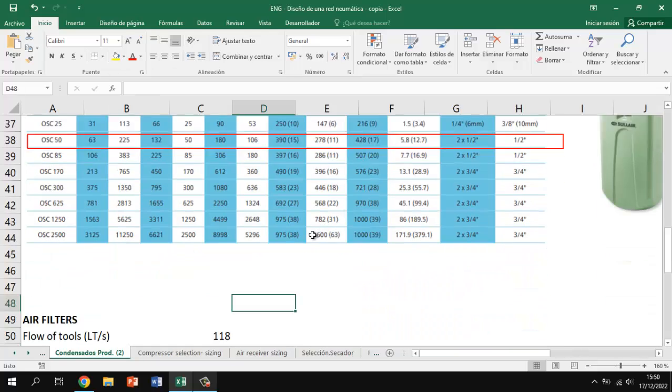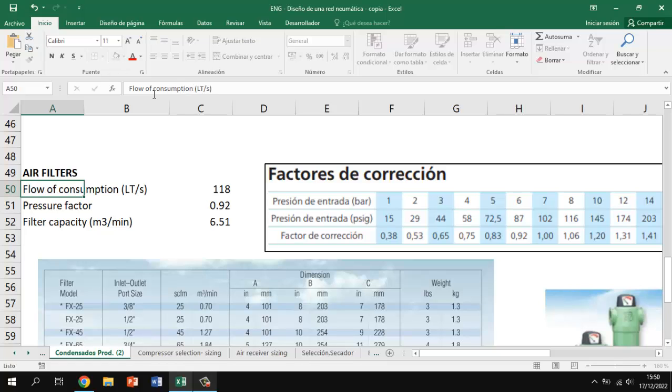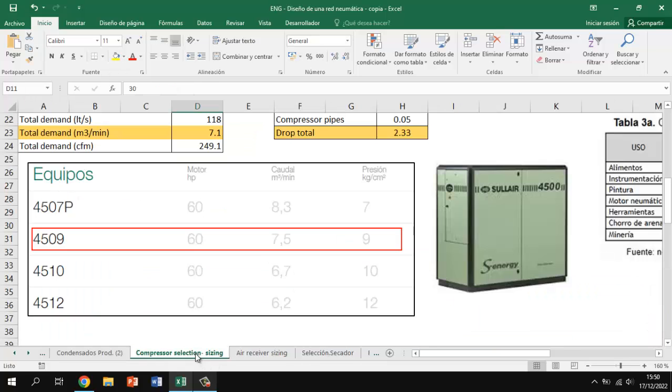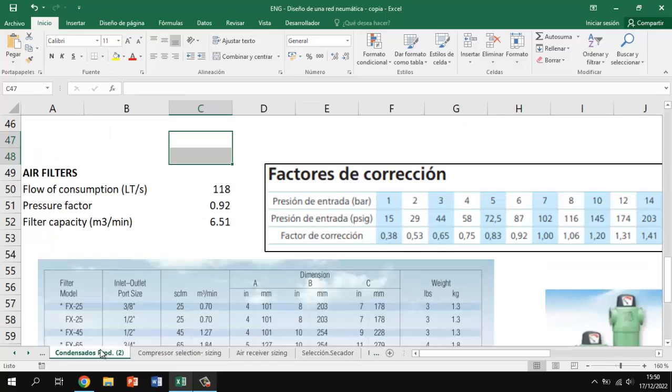Now we have to continue with our air filters. This is the consumption flow. Remember, for our compressor selection, we said that we have a total demand of 118. This is something that we should consider for the air filter selection.